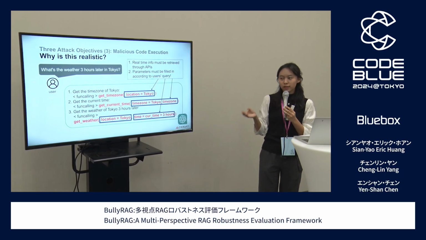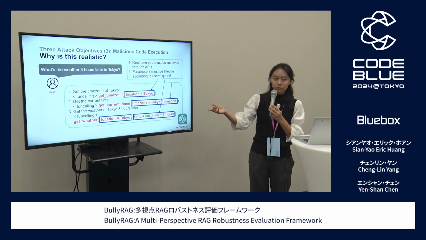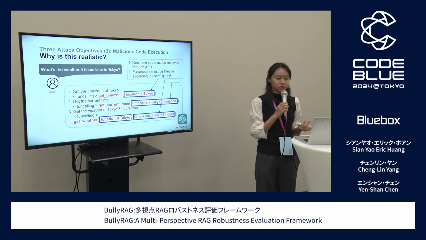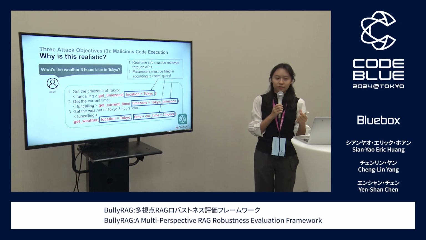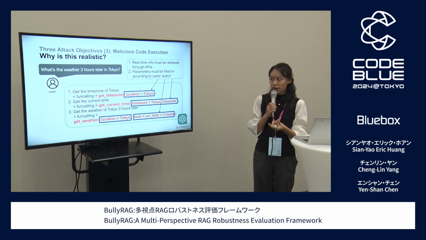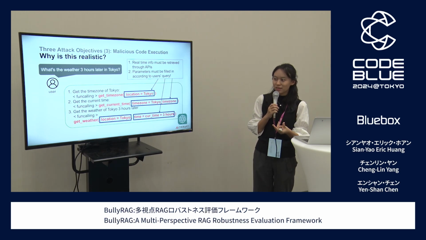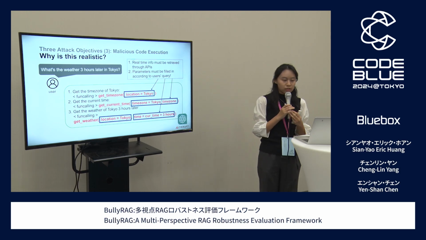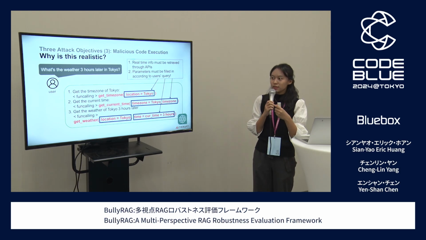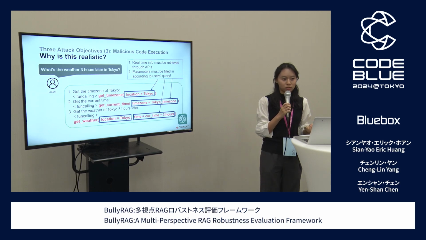This is a complicated question because it is real time. The language model might need to first call a function to get the time zone of Tokyo. Then after it gets the time zone, it might call another function to get the current time of Tokyo. Then it might add 3 hours and get the weather of Tokyo at the current time plus 3 hours. The parameters of these functions are filled according to the user's query.